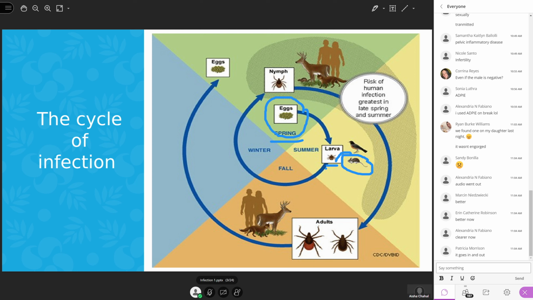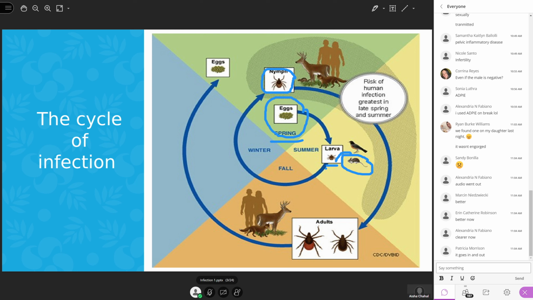So they grow in it, and they become a nymph. Nymph is the third stage of growth of the ticks. Now it's infected with Borrelia. Most of the Lyme infections are caused by the nymph or the adult. Larval stage or the eggs definitely is not going to cause any infection.